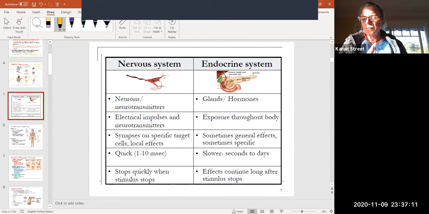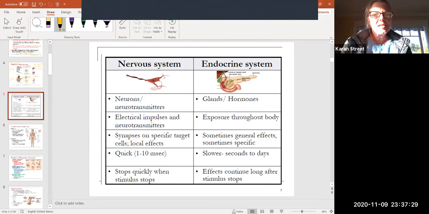Neurotransmitters are released within milliseconds. An action potential is roughly 1 millisecond and leads to neurotransmitter release. That is going to have almost immediate effects on the target cell. Hormones can take longer.